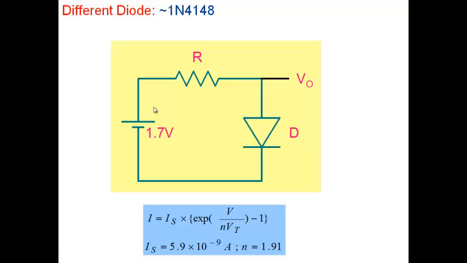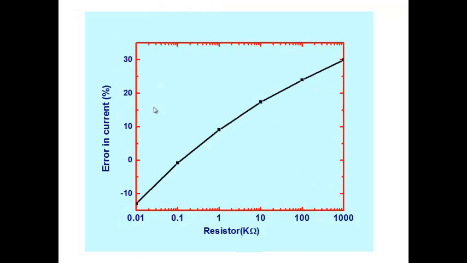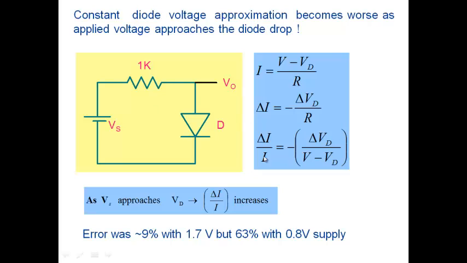So if my interest is in current, not so much in the voltage here, then I is V minus VD by R. Now, what do I mean by del I? I'm using an approximate model, so there is an error in VD. I'm using a 0.7 volt model, let's say there's an error in VD. Because of an error in the diode drop, I'll have an error in I. So del I will be equal to minus del VD by R. And of course, I'm interested in percentage error. So del I by I will give me del VD by V minus VD here.